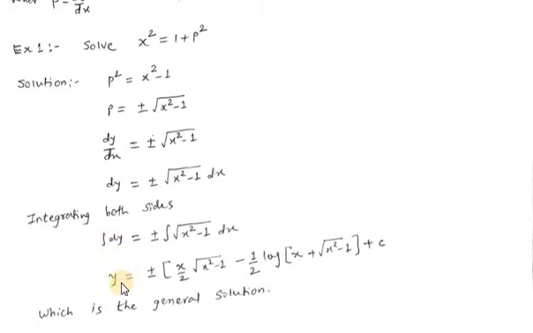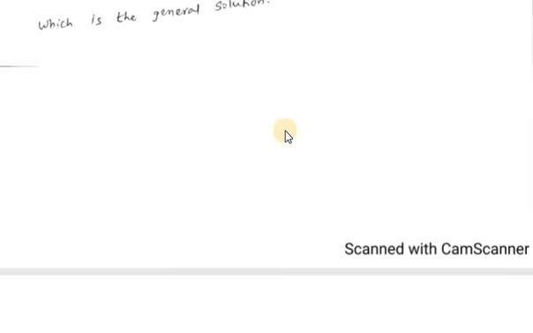Integration of 1 with respect to y is y, plus minus as it is, and integration of square root of x square minus 1 is x by 2 into this same function, that is square root of x square minus 1, and after the minus sign, a square by 2, and the value of a square is 1, so it will become 1 by 2 into logarithm of x plus this same function, that is x plus square root of x square minus 1, plus c. This is the general solution for the given differential equation.